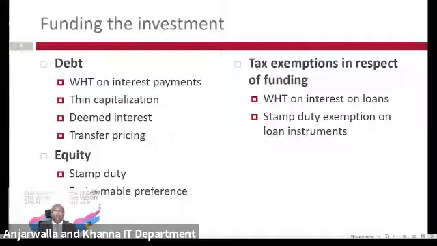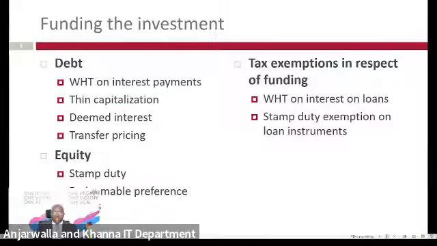Of course, money has to come in, funds have to flow to then undertake construction so that the project can eventually be implemented and commissioned. So broadly, the funding can come in one of two ways, either by way of debt or by way of equity. There are tax considerations for each of these options.